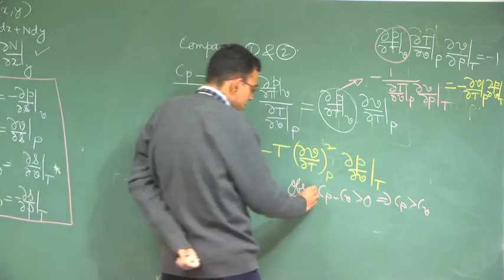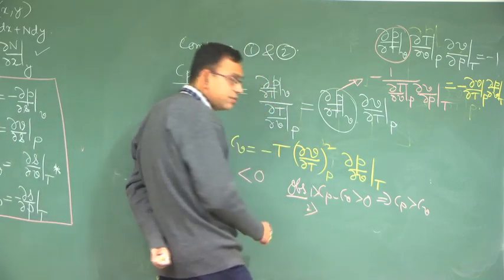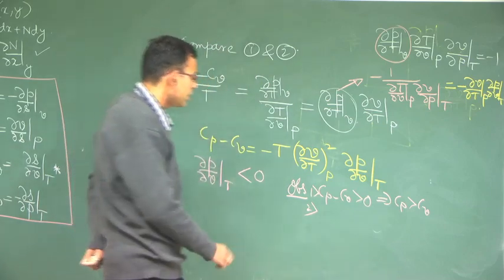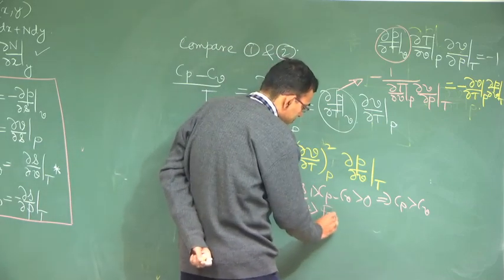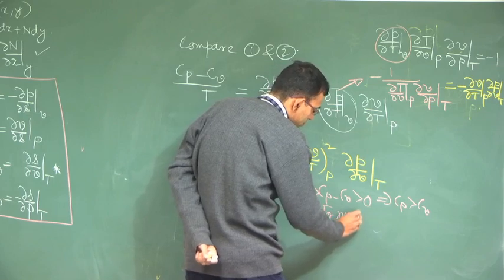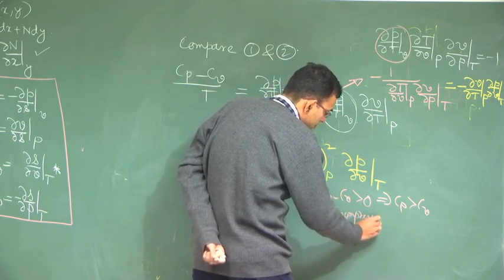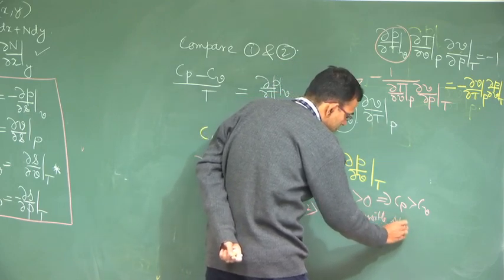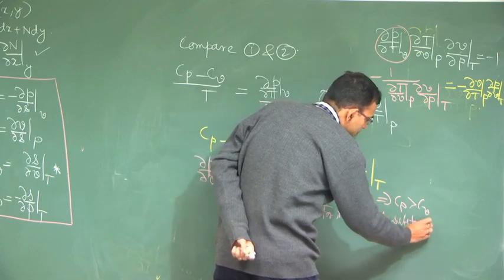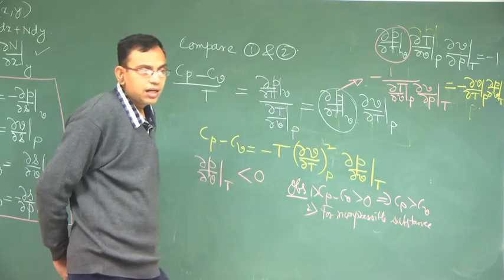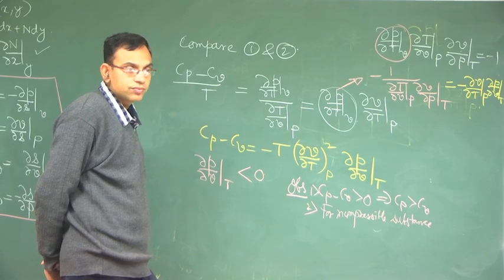This is the first observation. Second observation is that for an incompressible substance, there is no change in volume, that means the right hand side is 0.